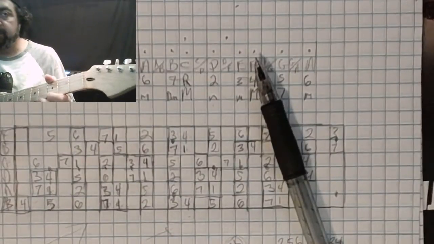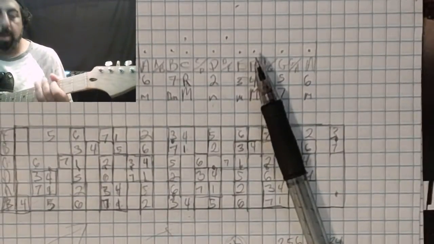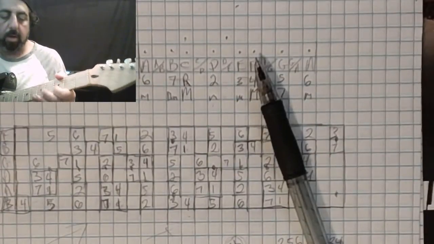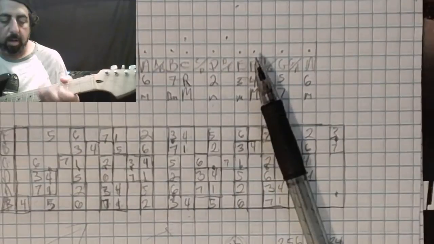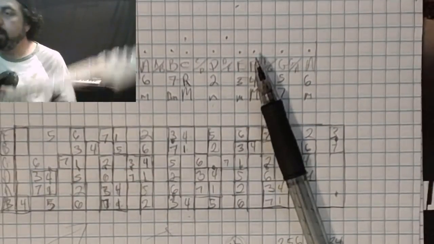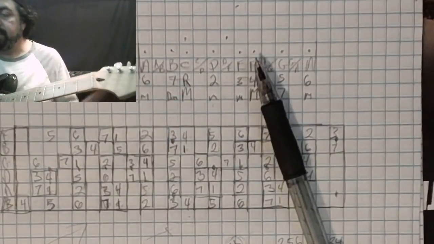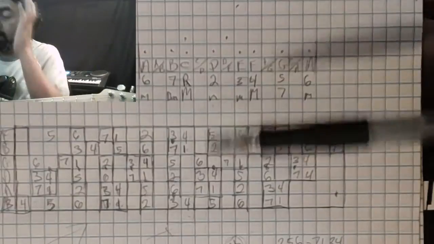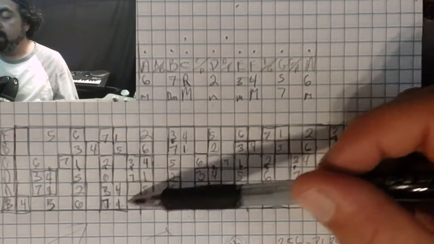Going backwards for the 4ths. Oh no, that's 5ths. This is 4ths. I don't know, something like that. I'm not going to get into that right now and think about it all. But our point was, we need to know these relationships.